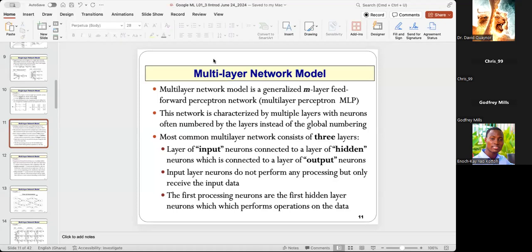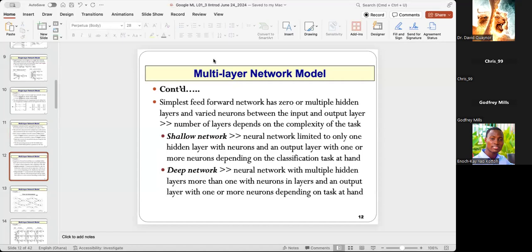For your output, if you are dealing with classification, you know how many output classes you want. So that one is under your control. But between the input and the output, you don't know. This is where the design comes in: how many layers should I have, and how many neurons should I have in each of them.